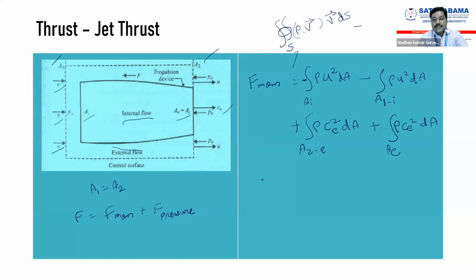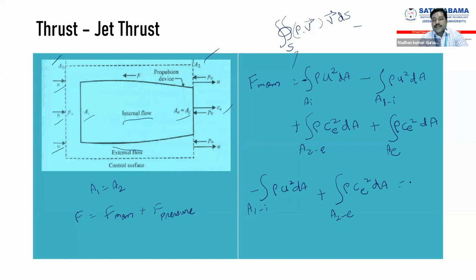That is the integral over A1 to I of rho U square dA, minus, plus the integral over A2 to E, so A1 to I and then 2 to E, we have rho C square dA.